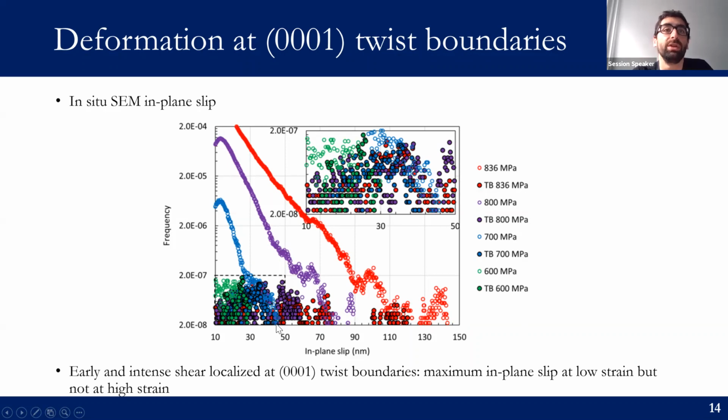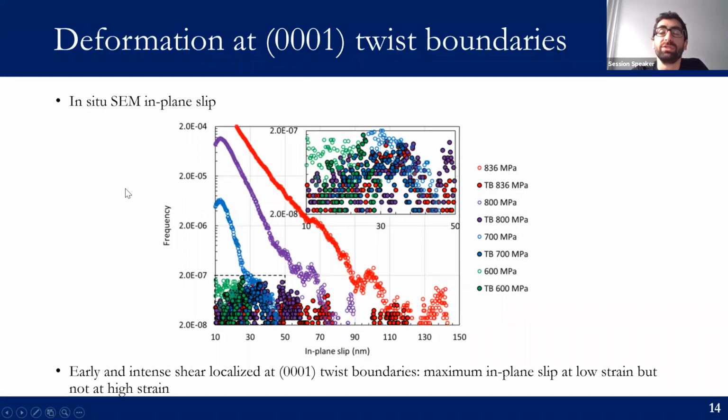However, it can be noticed that the in-plane slip values associated to twist boundaries are still pretty high as compared to the overall distribution of the in-plane slip values. And that reveals that we have an early and intense shear that is located at these 0001 twist boundaries.